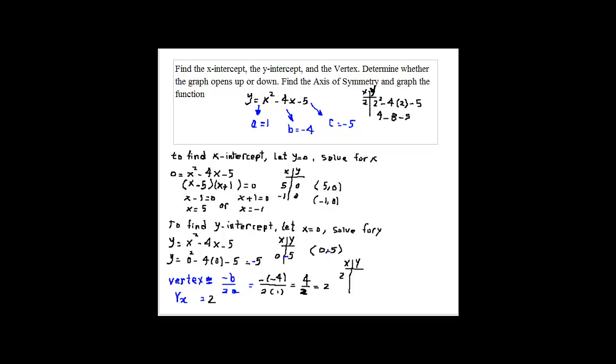So in this case, the vertex y would be equal to minus 9, like you said. All right, so let's go ahead and graph this.